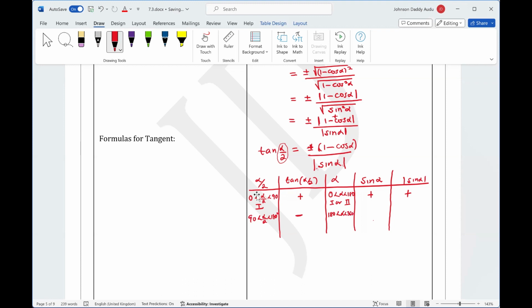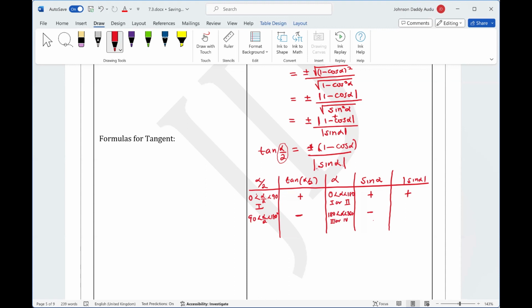Now, if you are between 180 and 360, you see that you are either in the third or in the fourth quadrant. But in the third or fourth quadrant, we know that sine is negative. So if you look at it, what will happen? If sine is negative, remember, tan alpha over 2 is already negative, yes?